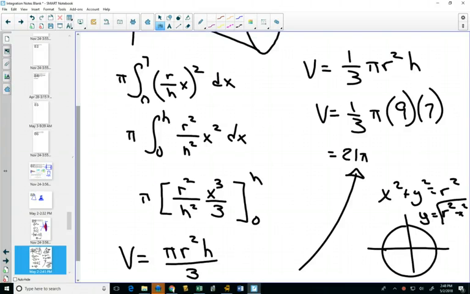The positive one would be the top half. And then you could integrate from negative r to r. Plug that in. You'll get your volume of a sphere formula, 4/3 pi r cubed. Some very cool things can happen.